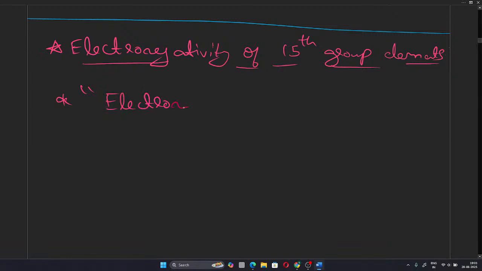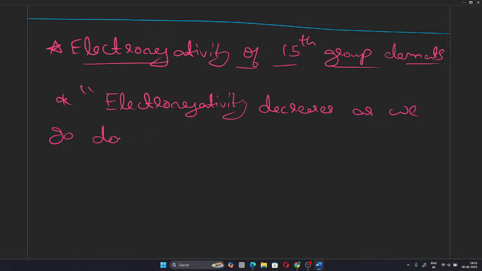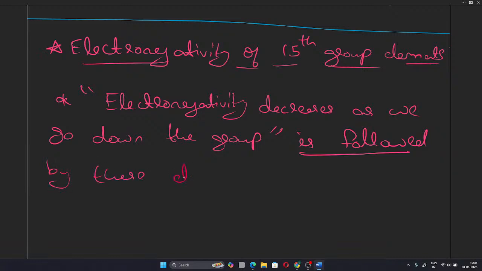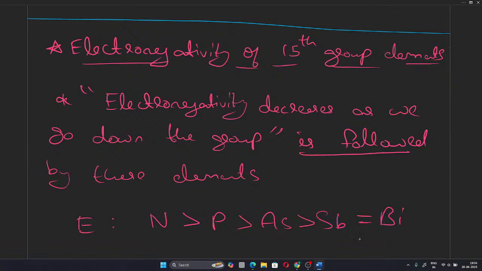Electronegativity decreases as we go down the group, with the order being N greater than P greater than arsenic greater than, actually antimony and bismuth have the same, which we saw in the NCERT.